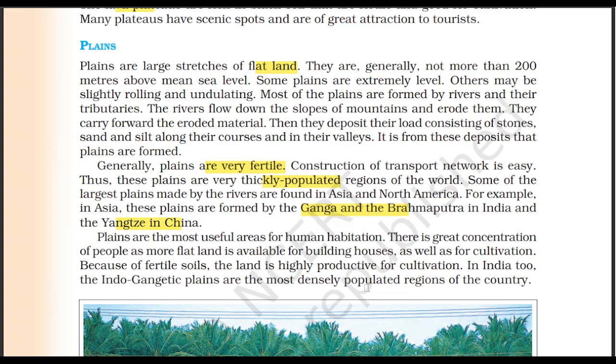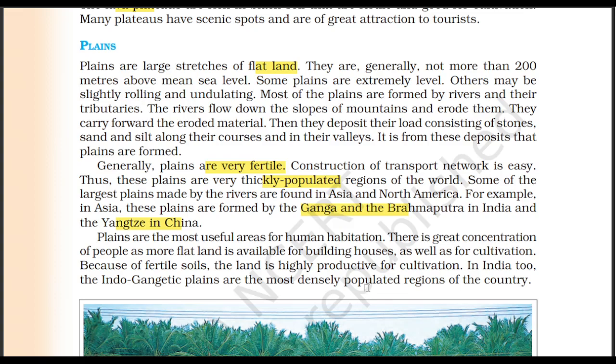Now the situation has changed and people live here very densely, because of the cultivation, and the flat area is also very suitable for building houses as well as transport. These are all elements which are important for people to live there densely.